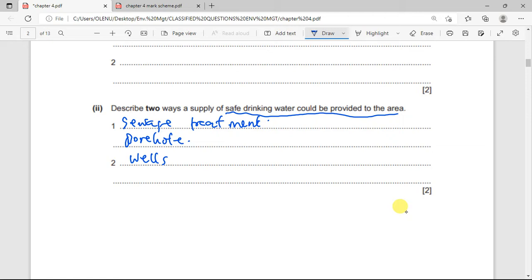Another thing you can do is create a desalination plant, which should also be done to treat water and supply it. And then rainwater can be harvested. This will go a long way.